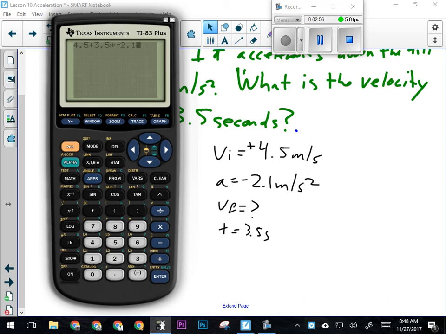We always want to make that estimate or prediction before we actually do it. If every second it's going to accelerate downwards at 2.1, and it's accelerating for 3.5 seconds, that's a change of a little more than 7 meters per second. I was only going 4.5 to start with, so my prediction is that it should definitely be moving downhill, which it is. So it's moving down the hill at 2.85 meters per second.